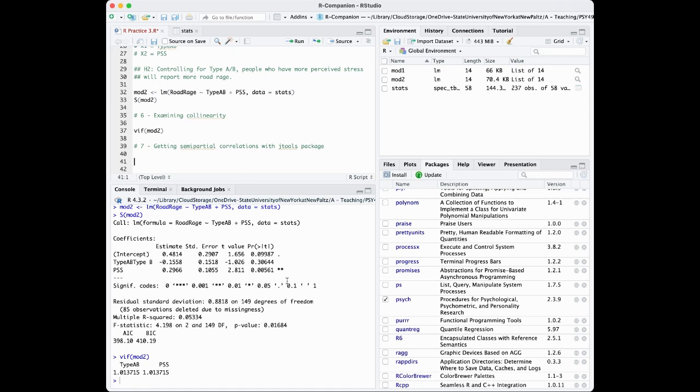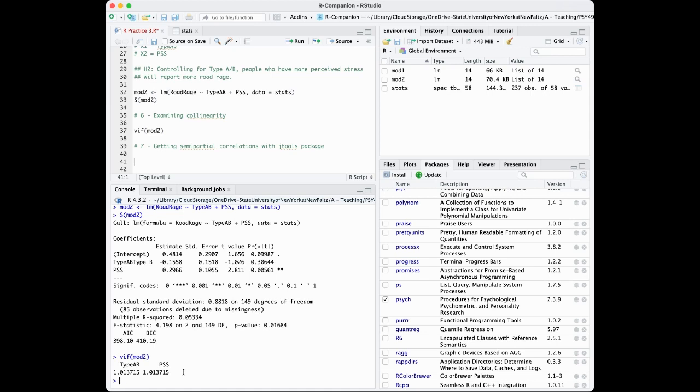And then the last thing that we want to do is just see which of these two variables is more important in contributing to the prediction of road rage. And while we know one is significant and the other one is not, in order to be absolutely sure, we can use the semi-partial correlations to estimate the relative importance of one variable versus the other. So remember, we have to use the JTools package.